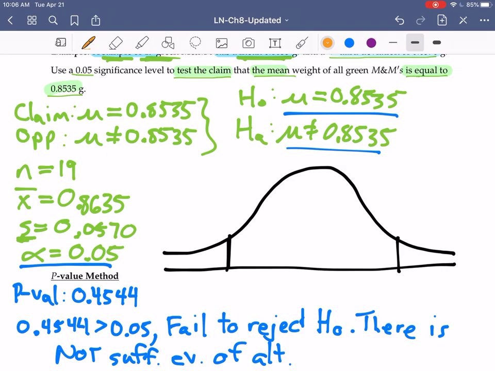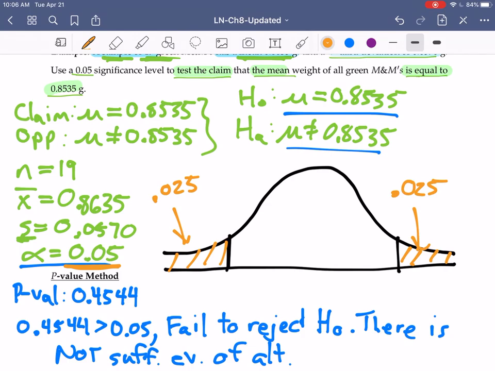Between those two regions of rejection, there is a total area of 0.05. So 0.025 would be the area here, and 0.025 is the area here. I got that just by dividing 0.05 by 2.